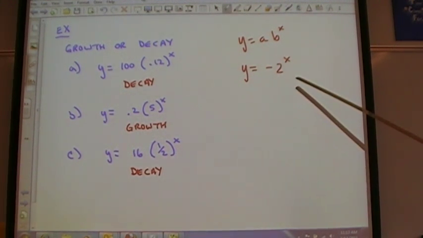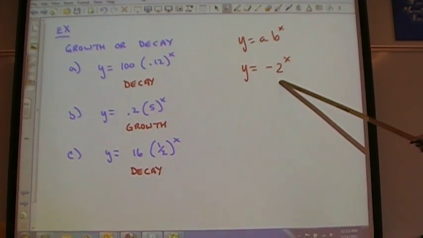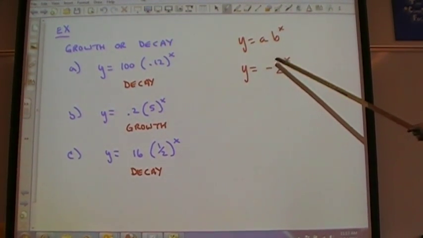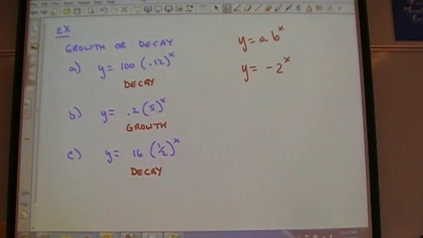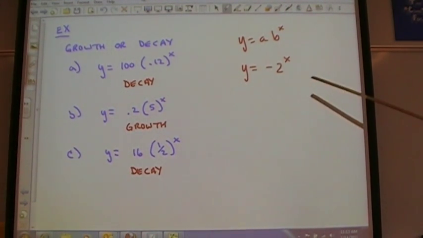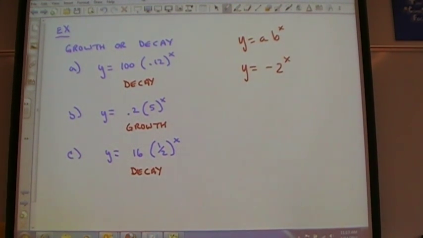Here, this would be a what? It's a growth. Because a is -1 and b is 2. All this would do is reflect it along the y-axis.